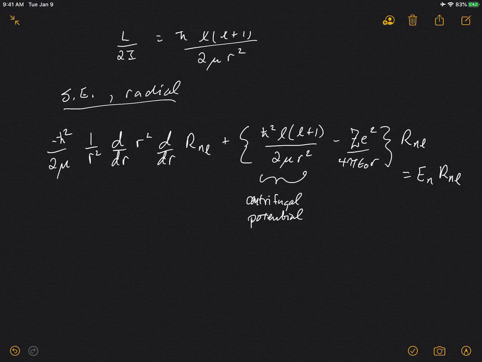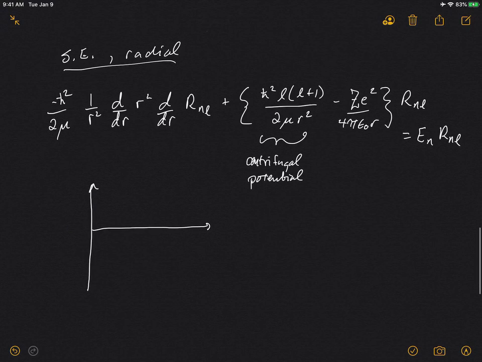But I like to talk about countervailing forces. If we have a Coulomb potential, which we haven't really sketched yet, so let's go ahead and sketch it. It's a 1 over r potential. It's going to look like this.